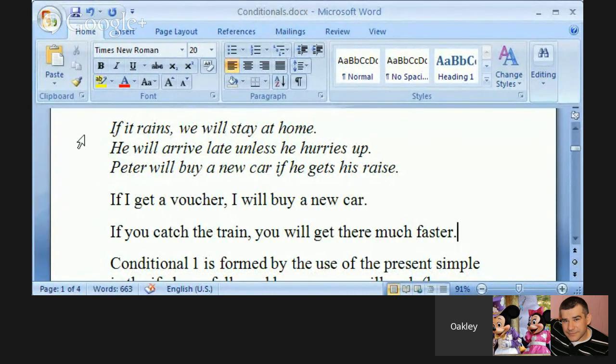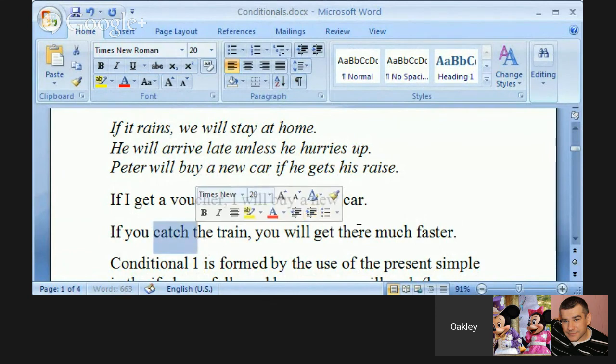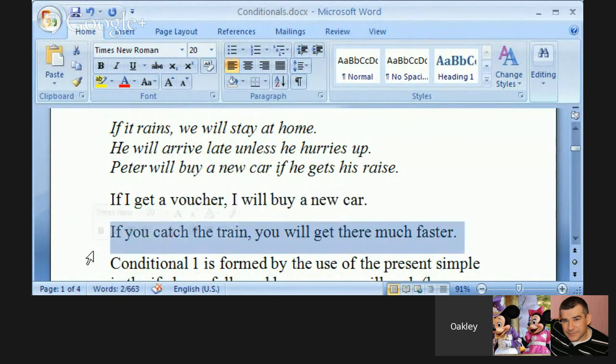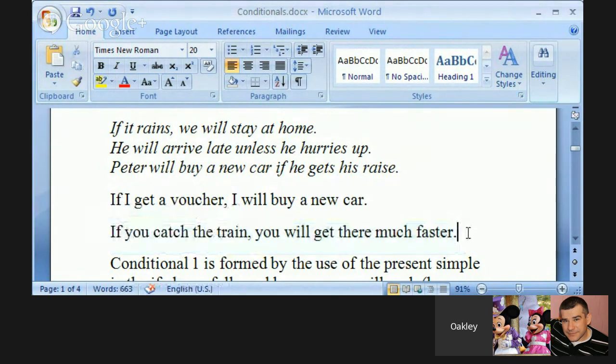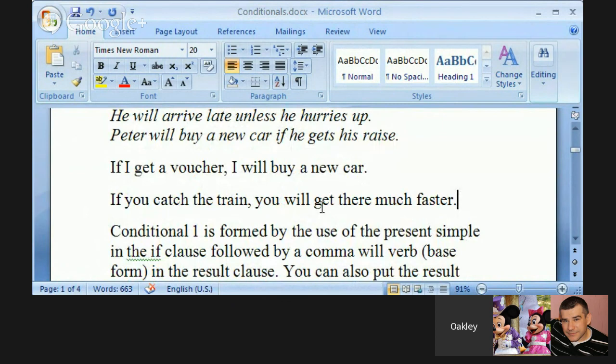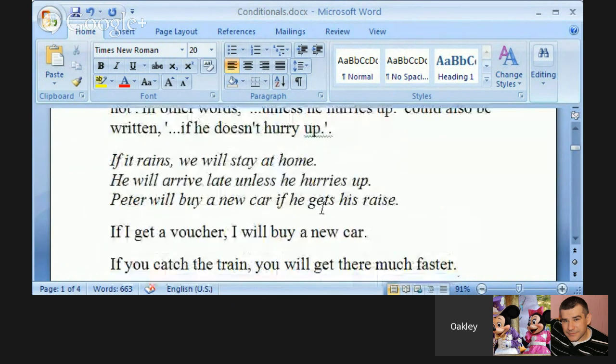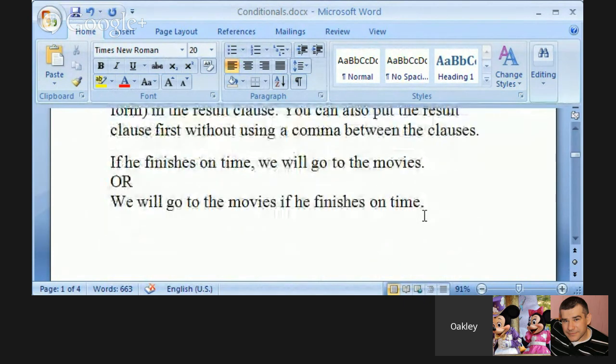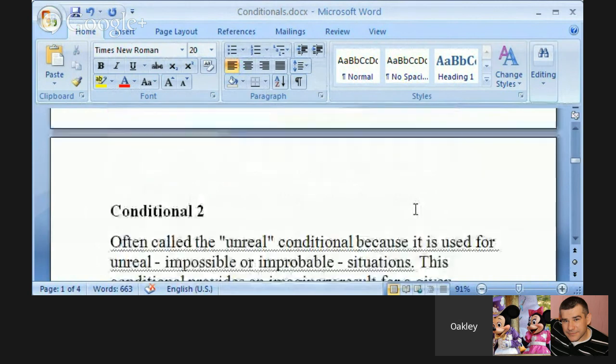Very good. Absolutely nothing wrong with that sentence. You catch, present simple, that's it. Obviously, Adam believes this to be true or highly probable. That's it. So, conditional one or the real conditional. Pretty simple. Present tense and future tense.